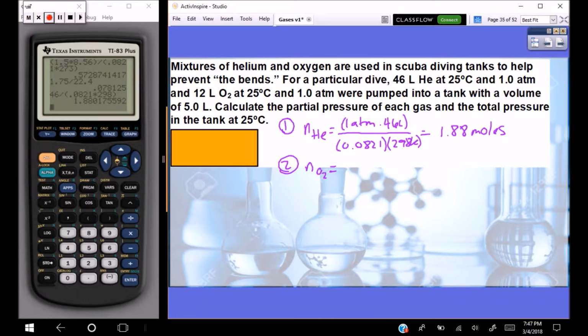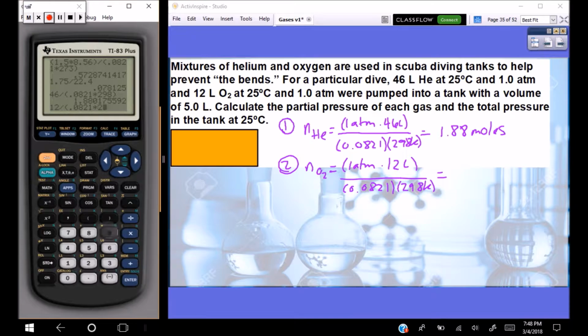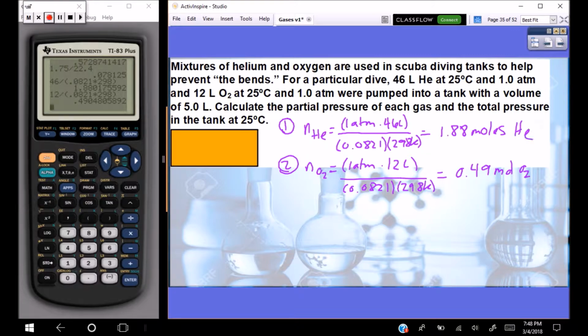Okay, so same deal, 1 atmosphere, but this time it's 12 liters, 0.0821, and 298 K. Okay, so 12 divided by 0.0821 times 298. Okay, so initially, before I put them in, I've got 0.49 moles of O2 and 1.88 moles of helium. Then I put them in the container.